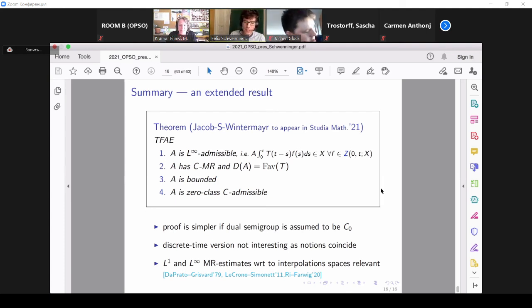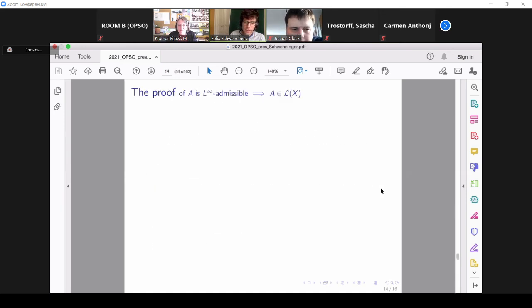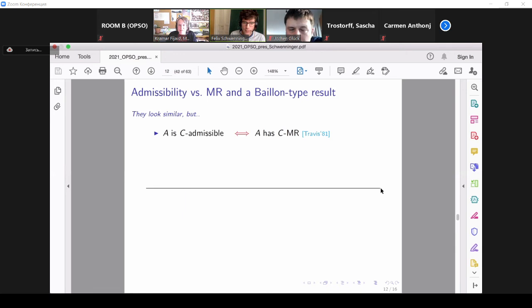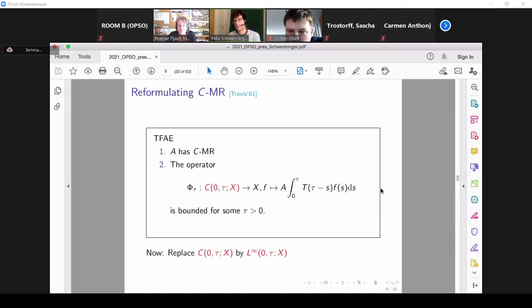I mentioned that this admissibility relates to considering this operator here, phi tau. So admissibility with respect to the continuous functions means that this phi tau is a bounded operator. And 0-class means that the norm of this phi tau goes to 0 as tau goes to 0.